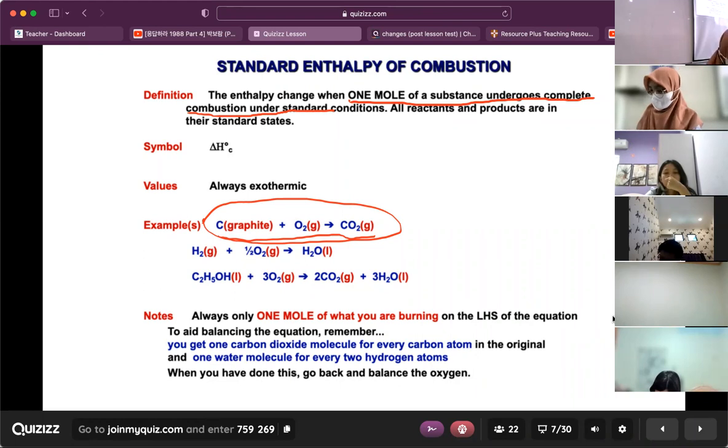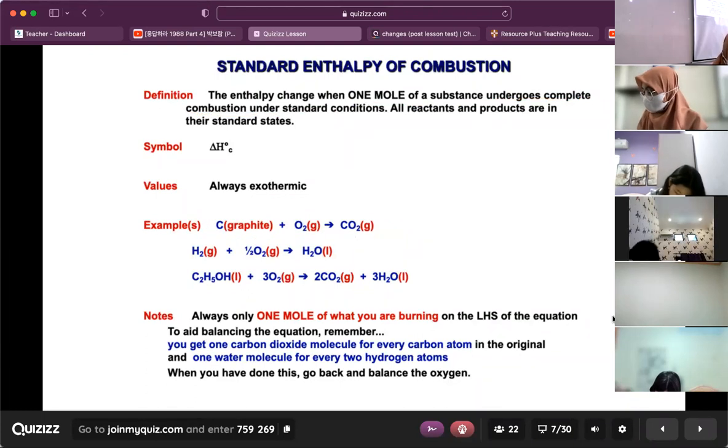Why? The previous one, I already explained why carbon plus oxygen becomes CO2 is enthalpy change of formation. Now let's analyze why this one is enthalpy change of combustion.